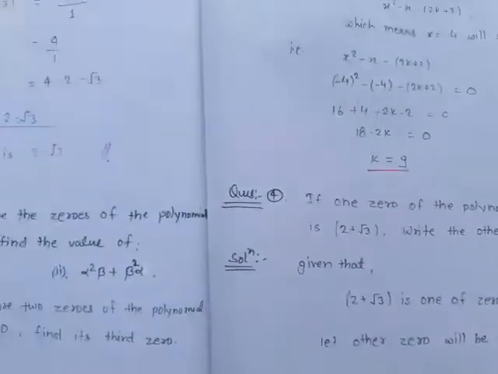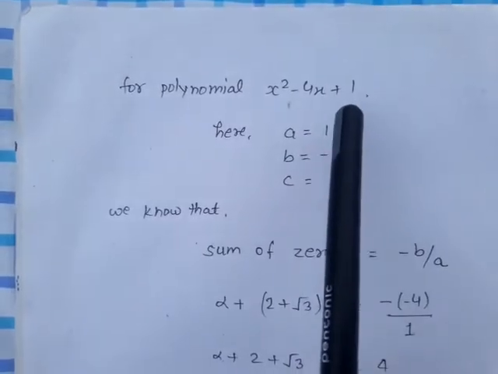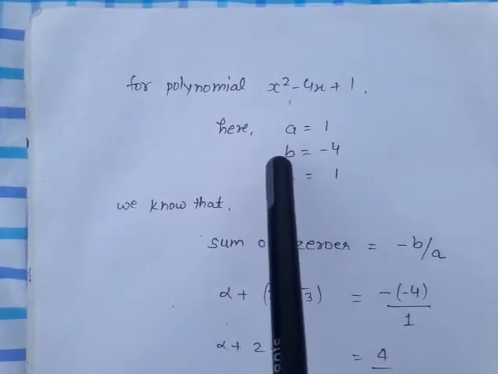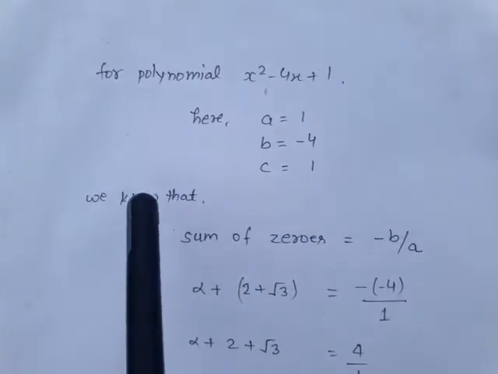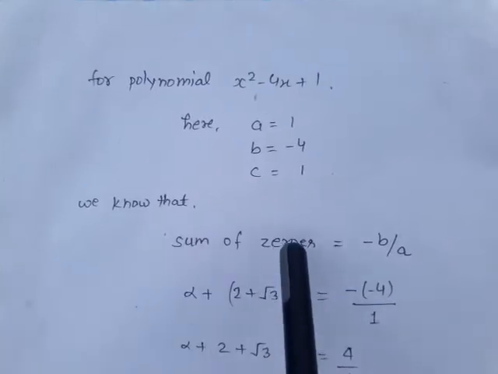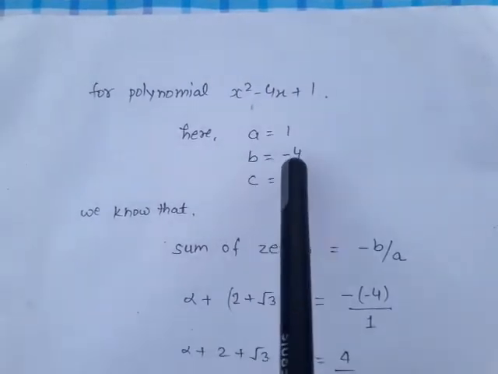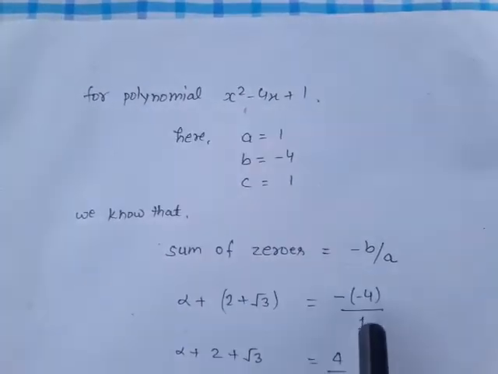For the polynomial x square minus 4x plus 1, on comparing with the general form, we get a is equal to 1, b is equal to minus 4, and c is equal to 1. We know the sum of zeros is equal to minus b by a. In place of b we put minus 4, so minus minus 4, and in place of a we put 1.